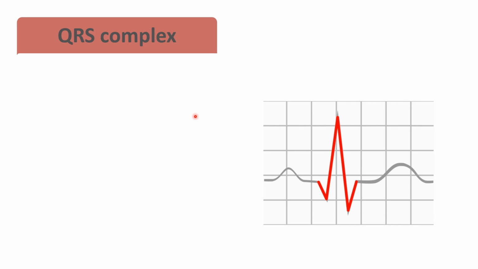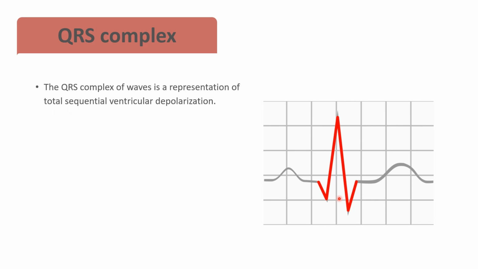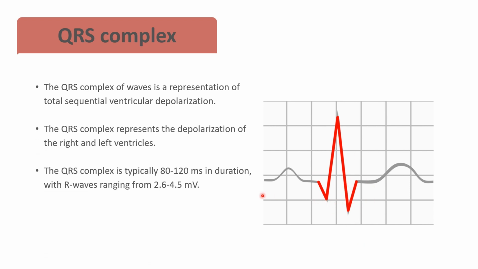Together, Q, R, and S make up the QRS complex, which represents the total depolarization of the ventricles, the right and left ventricles. The QRS complex typically is 80 to 120 milliseconds in duration and 2.6 up to 4.5 millivolts in amplitude.